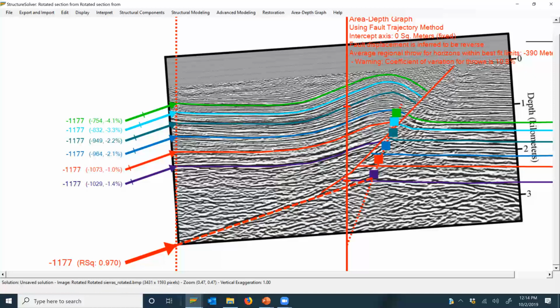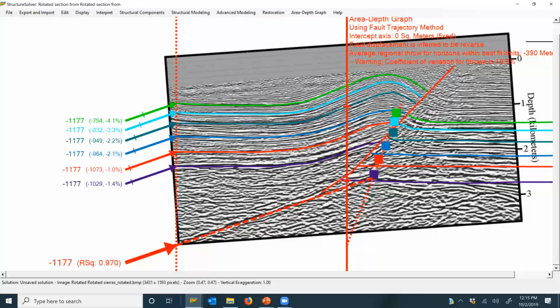And so the things that we also get out from this are, of course, the displacement. So we mentioned about 1.2 kilometers of shortening. And what's important about that is the constant area displacement. And so this is different than restored balanced cross sections, where you assume that the bed length is constant and use the difference between the length of a bed, measuring the length all the way along the bed itself, versus the length of the section, so the present day length of the structure, in order to estimate the displacement.